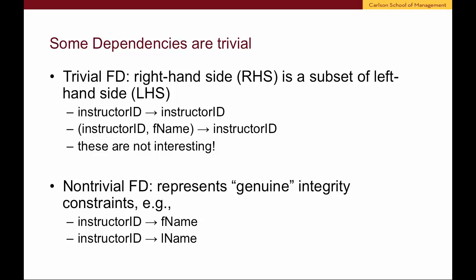And even if on the left-hand side you had instructor ID and first name determining instructor ID, again, this is true, and it is a functional dependency, but that does not tell us any real interesting information. So the real interesting functional dependencies, the non-trivial functional dependencies, represent genuine integrity constraints. So instructor ID determines first name, instructor ID determines last name, and so on.